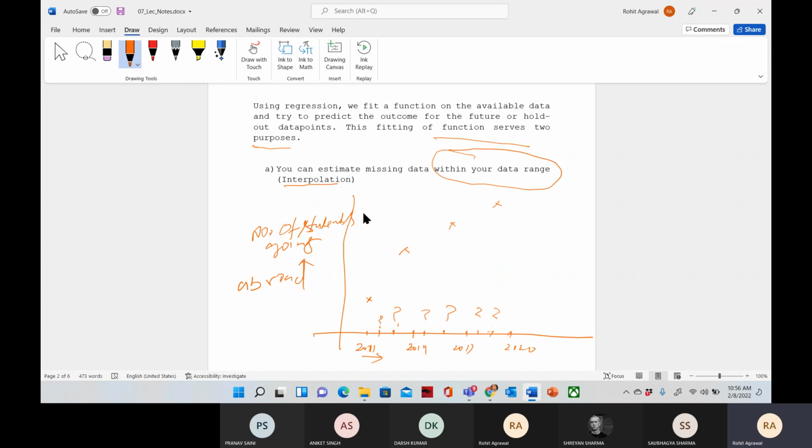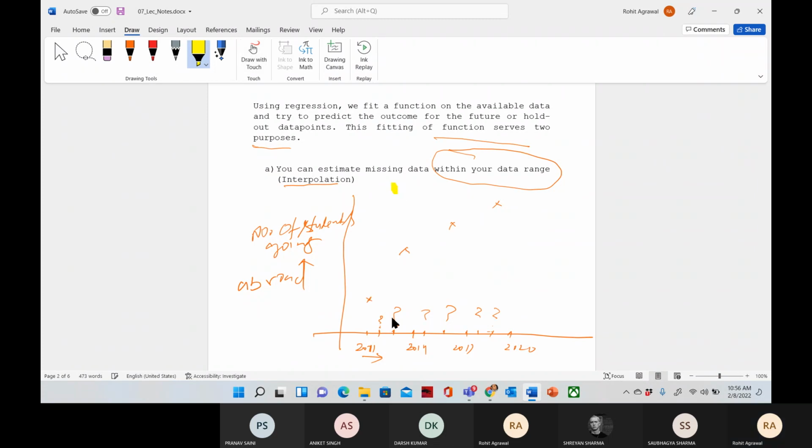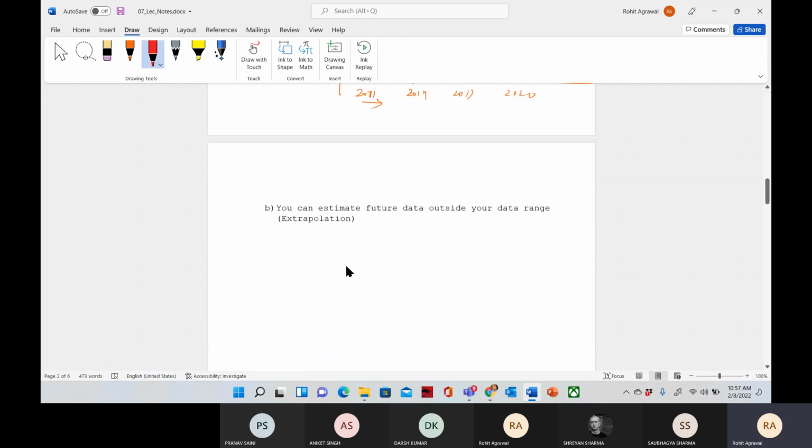So it is in the category of internal, or you can say interpolation. If you studied mathematics, there is a term known as interpolation. Clear? So this is clear what I am trying to say? Yes or no? Yes, sir. Okay.